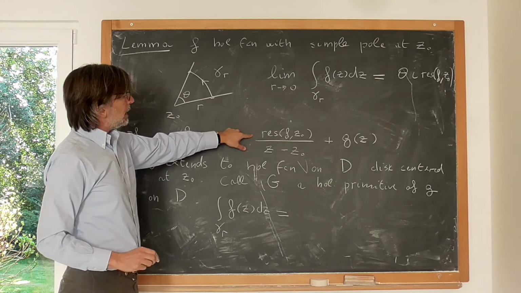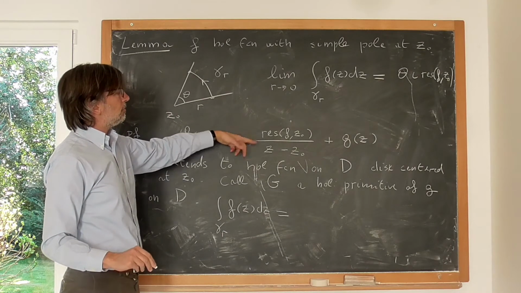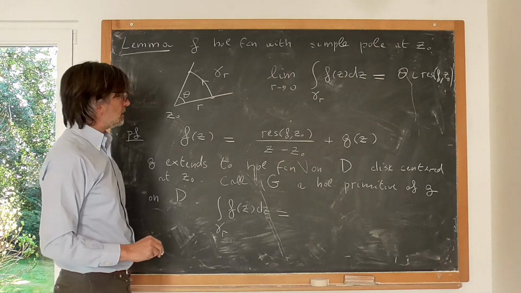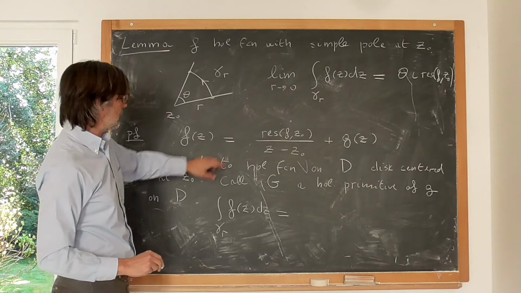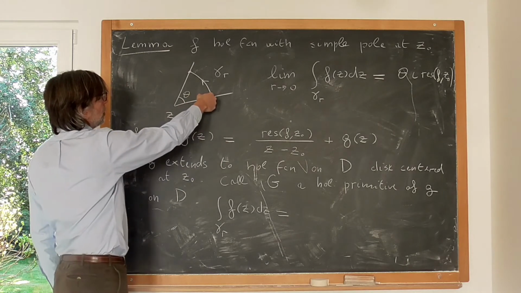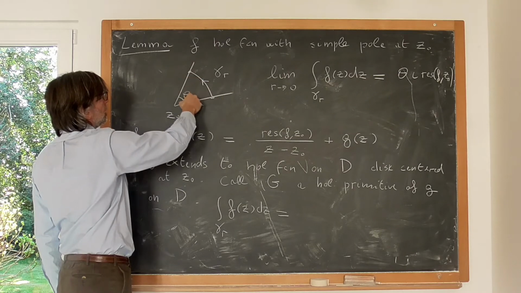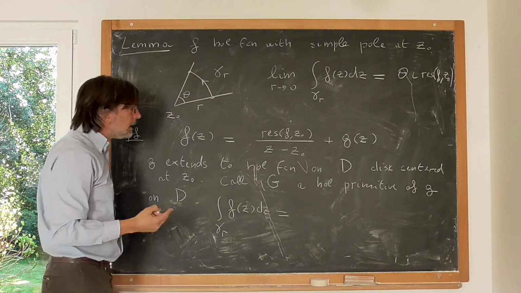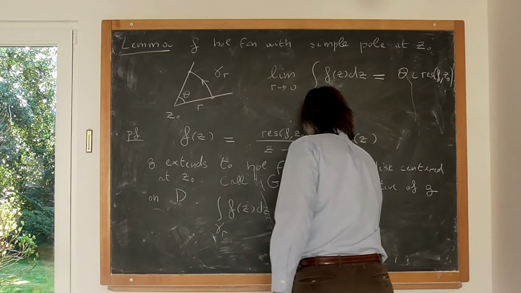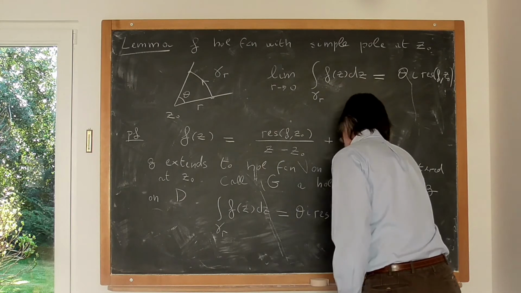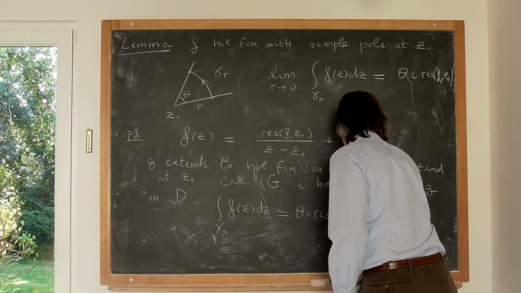When we integrate this function, this is the usual computation that we've done several times, and so the contribution of this integral on this arc spanning an angle theta is precisely theta i times the residue of f at z0.